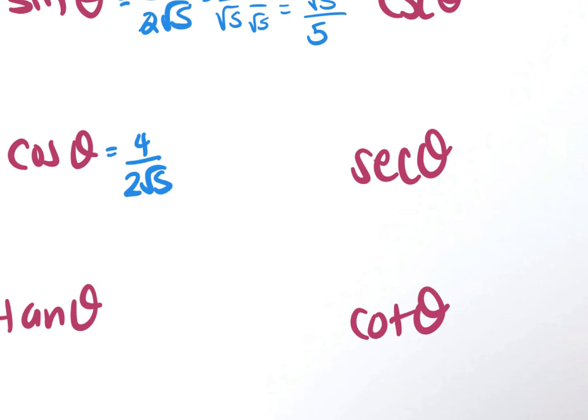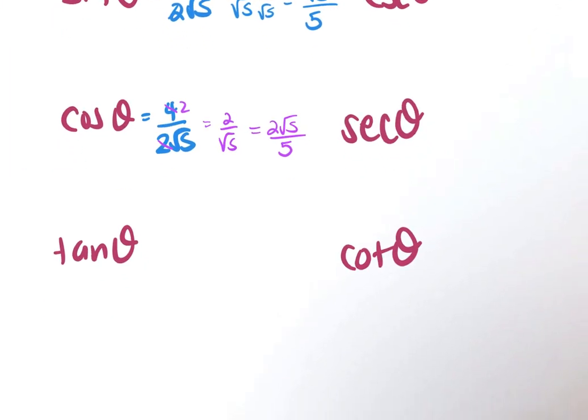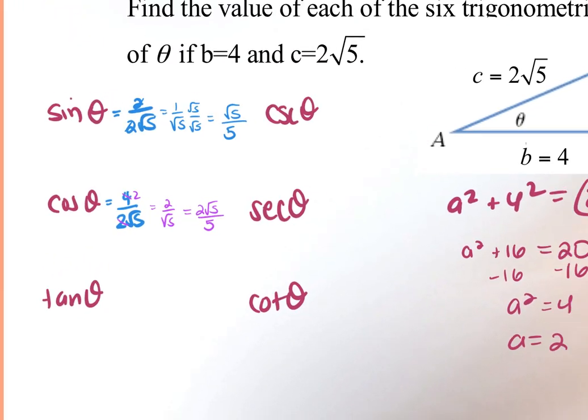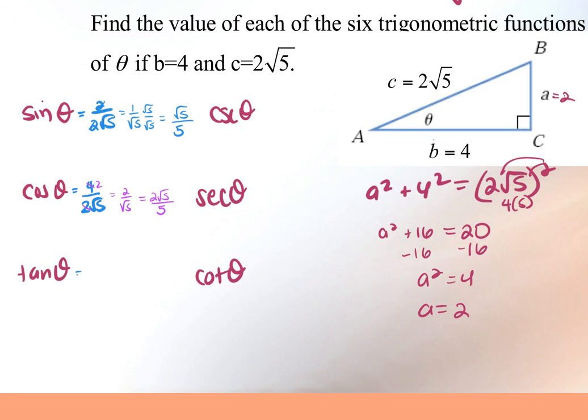This also can get reduced. This is 2 over root 5, but it gets rationalized to root 5 over 5. And tangent is opposite over adjacent, which would be 2 over 4, or 1/2.